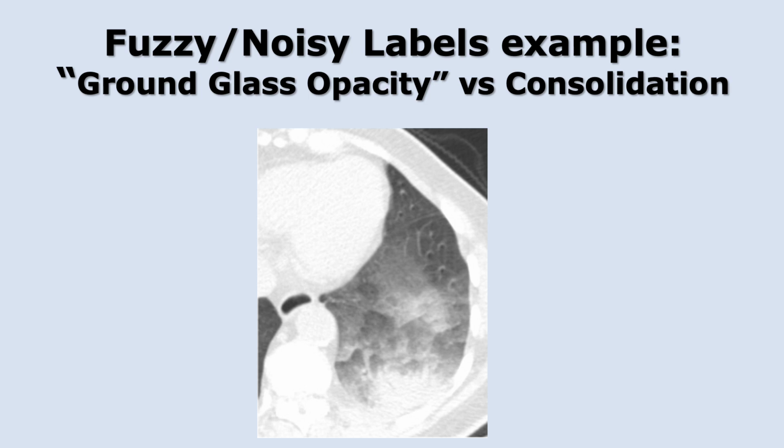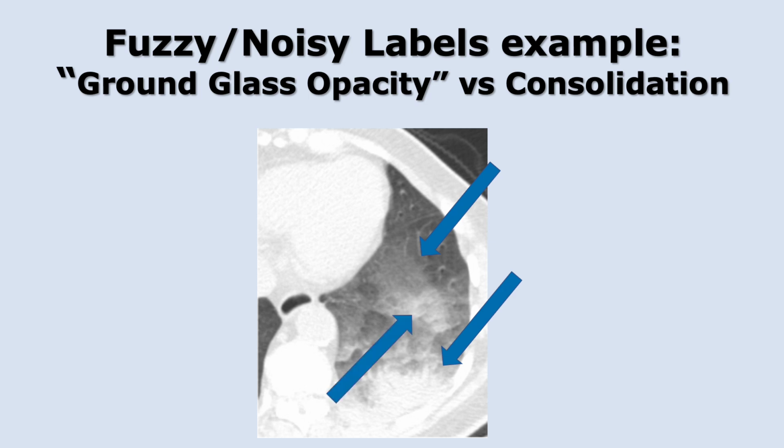Here's an example of fuzzy or noisy labels with ground glass opacity. Now, ground glass opacity is that haziness, kind of the light gray that you see in the lung here on a CT scan. Suppose a bunch of us are labeling this. All of us are going to label this light gray stuff as ground glass. And this dense white stuff, we radiologists call consolidation.